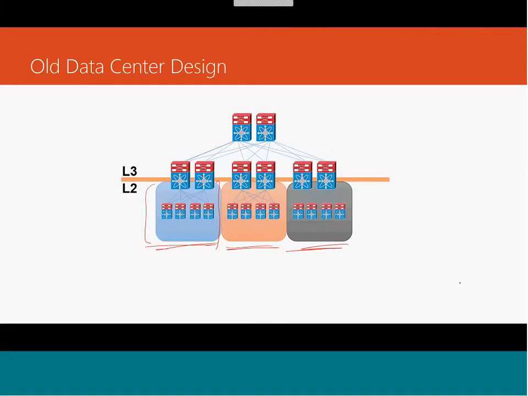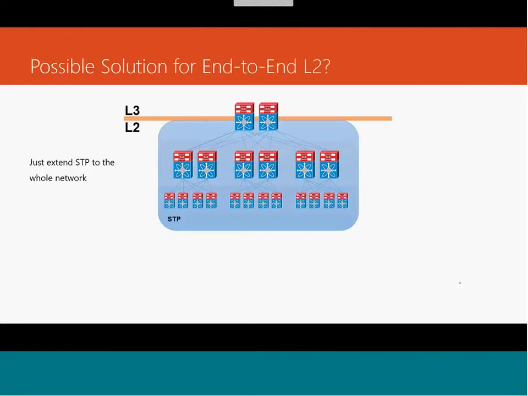What is the alternate solution to this? You expand the layer 2 network, bringing all the pods together and creating a big STP network, but that again has its own challenges. Now, what are the challenges? The biggest challenge is with STP, right?